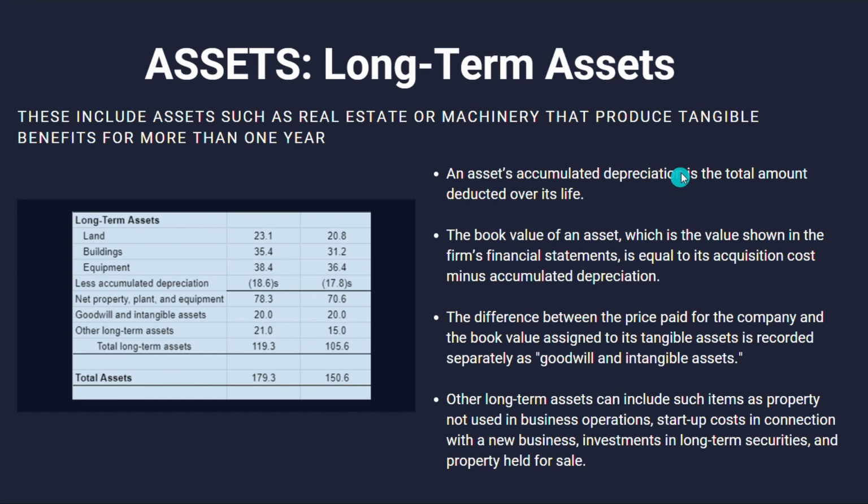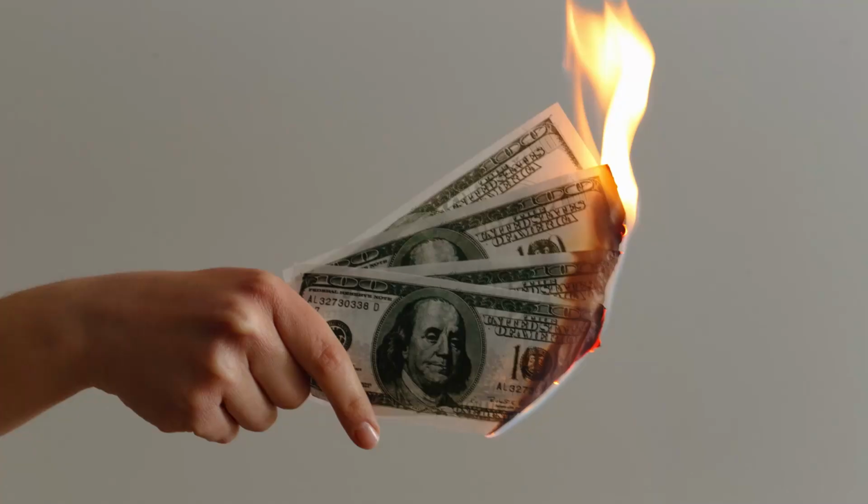An asset's accumulated depreciation is the total amount deducted over its life. The firm reduces the value of fixed assets other than land over time, according to a depreciation schedule that depends on the asset's lifespan. Depreciation is not an actual cash expense that the firm pays.